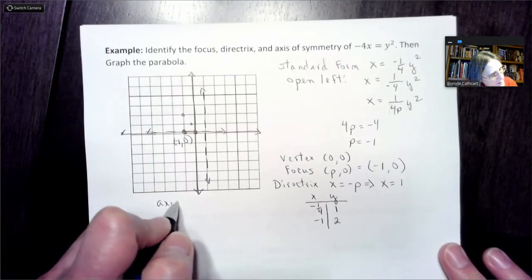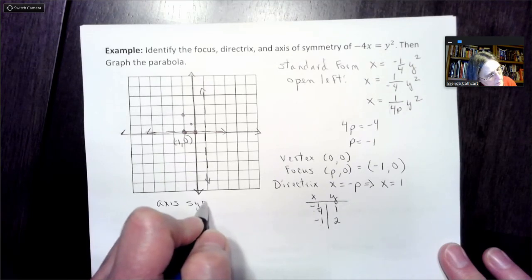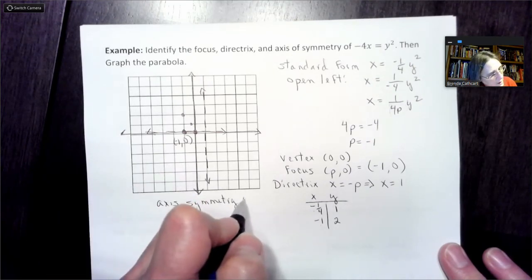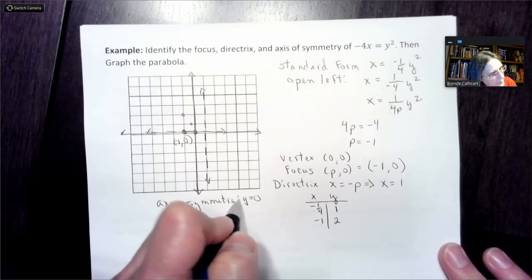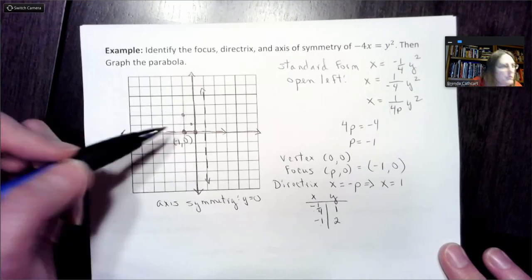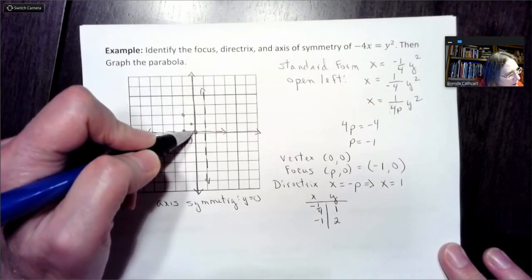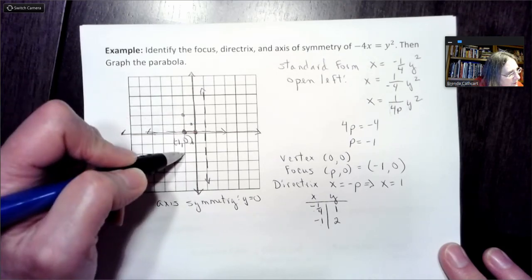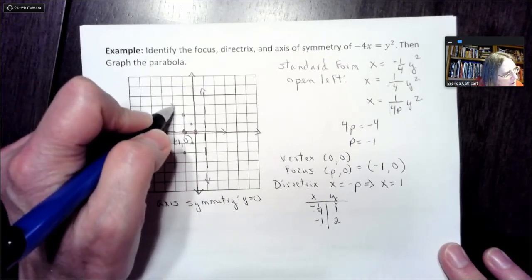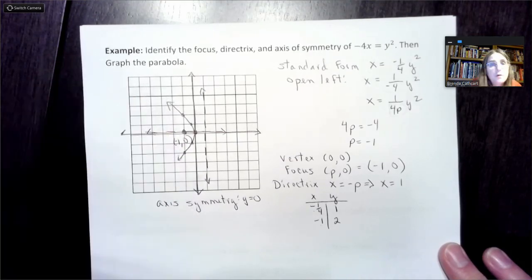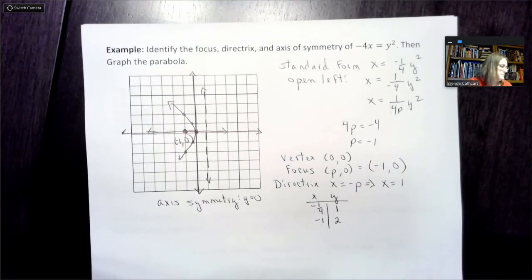So our axis of symmetry is y equal to 0. Okay, and so I can reflect these points over our axis of symmetry. So at negative 1/4, we have negative 1, and at negative 1, we have 2 and negative 2. So here's our graph of our parabola opening to the left.